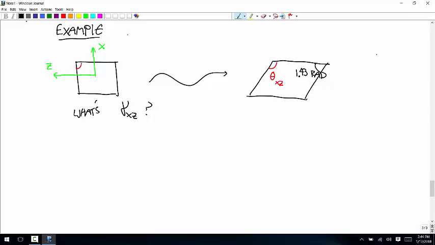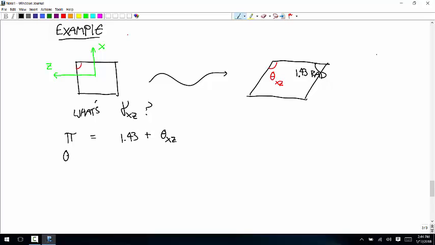And so how do we figure out theta xz? Pi is equal to 1.43 plus theta xz.